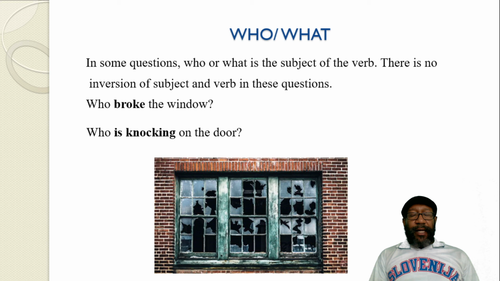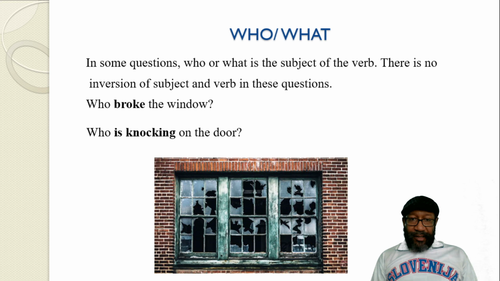So who broke the window? And you see there's a broken window here in the picture. When you make this question, you are waiting for an answer that is the name of a person, right? So who broke the window? Marcelo broke the window, right? Who is knocking on the door?